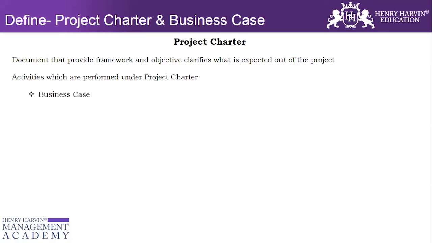These are very important. Under the project charter, the first thing that we need to look at is the business case. Second is the problem statement. The problem statement is also known as the opportunity statement, so we can either call it a problem statement or an opportunity statement.